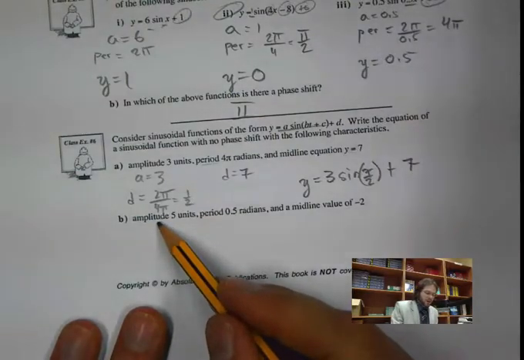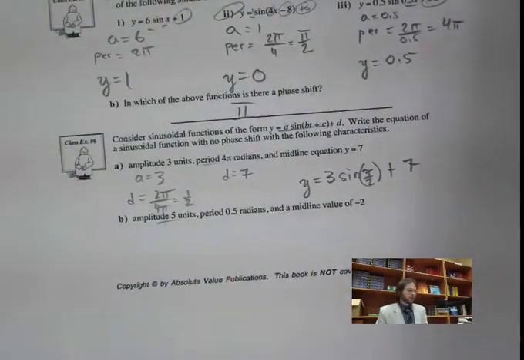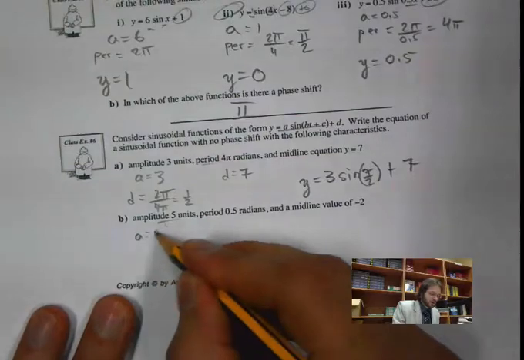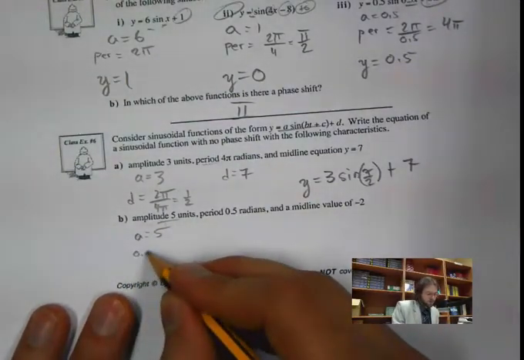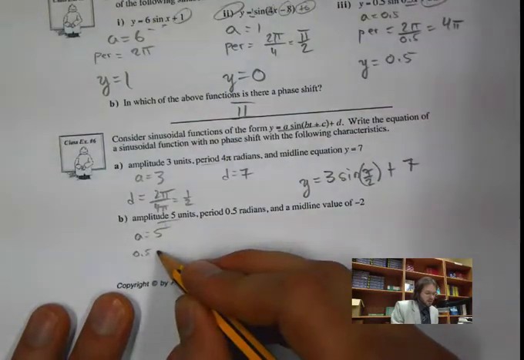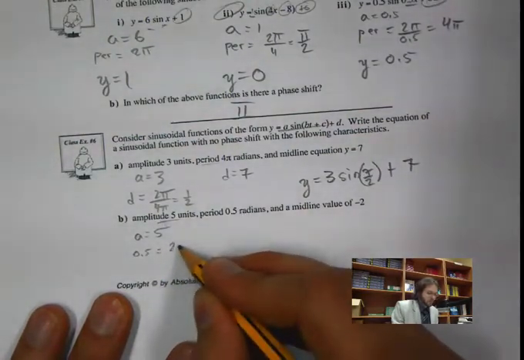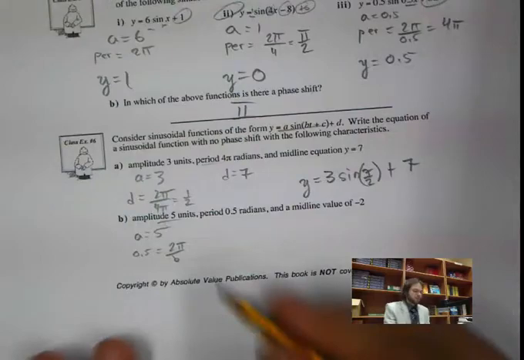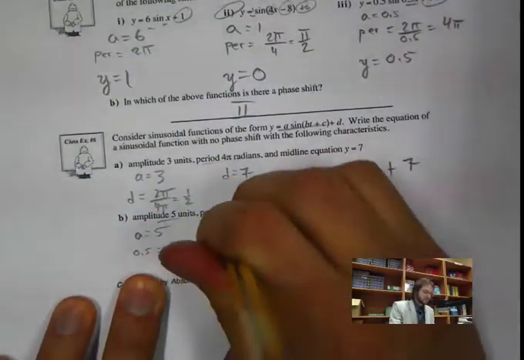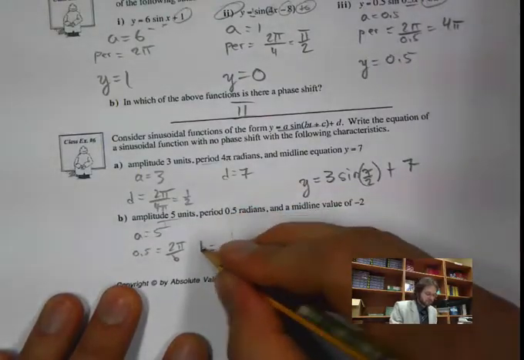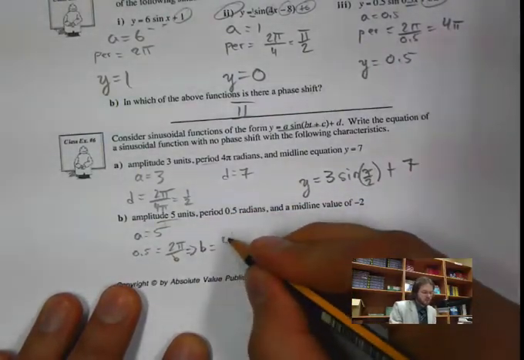We have an amplitude of 5 units. So A is equal to 5. Period is 0.5. So if I really want to go the other way, I go 0.5 is equal to 2 pi divided by B, and I just solve for B, which will give me 4 pi. Get B is equal to 4 pi.